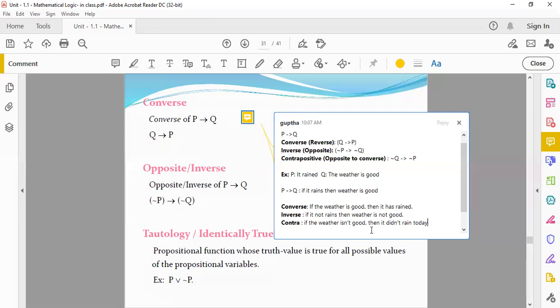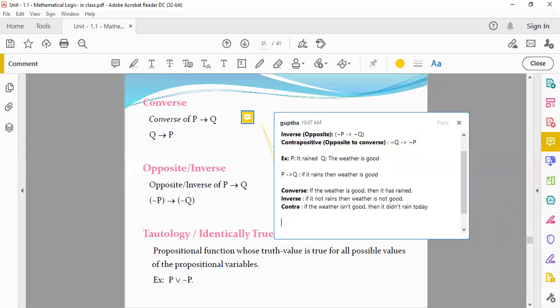Okay, I'll give one example, guys. Please try this, everyone. It is almost 10:20, so today we are going to close converse, inverse, and contrapositive. I'll give two to three examples.